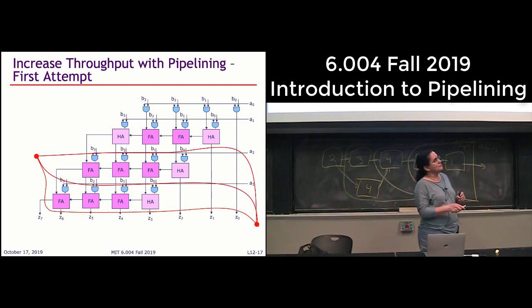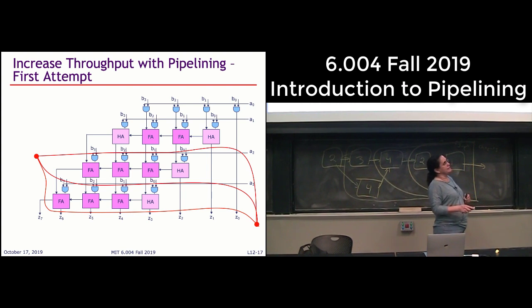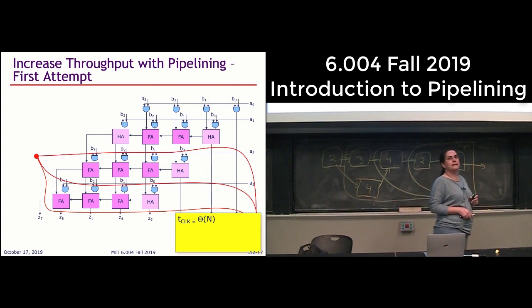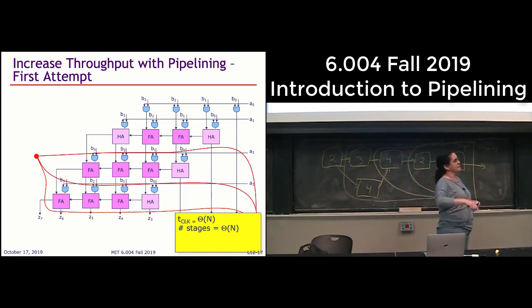Because within a single pipeline stage, I have multiple of these full adders that have to be executed sequentially, right? So really, my clock period here is proportional to n, right? And so even though I've created a valid pipeline, what does this thing look like? Well, my clock period is of order n, and so that means that if I have n stages corresponding to the number of rows here, then my latency is going to be of order n squared, right? Not such a good pipeline.